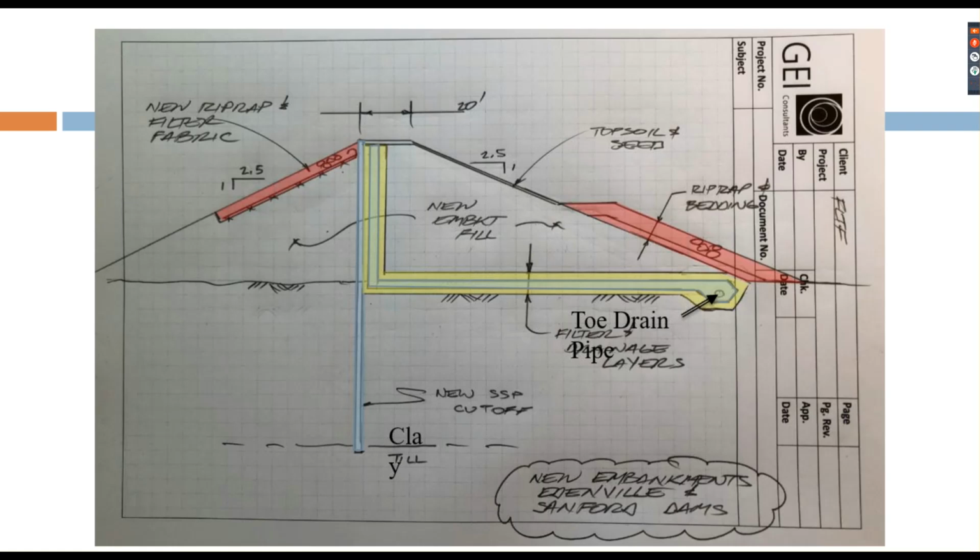That would be dirt, earth, and fill that would be placed on the upstream side and the downstream side of the cutoff wall. Those would be placed at slopes of 2.5 on one, 2.5 feet horizontally, 1 foot vertical, and a top width of the embankment at 20 feet.